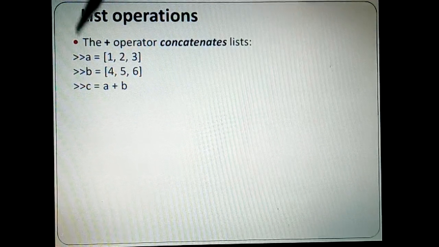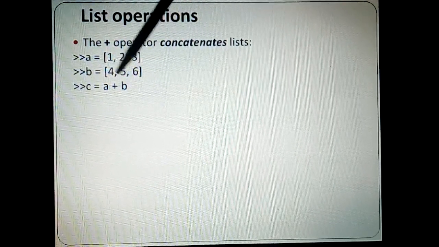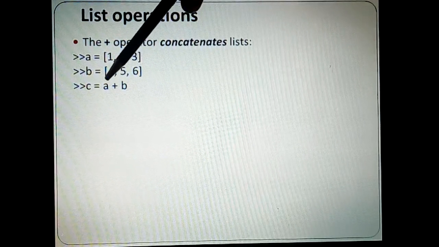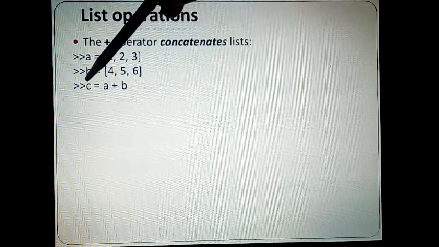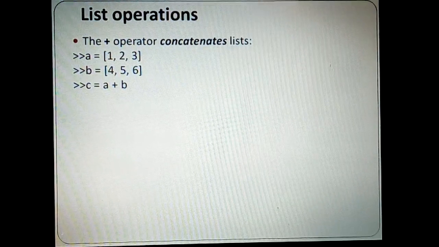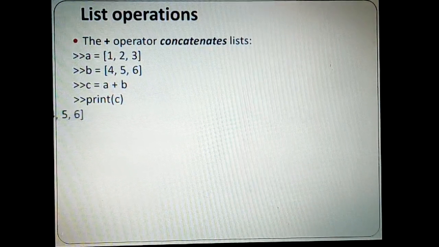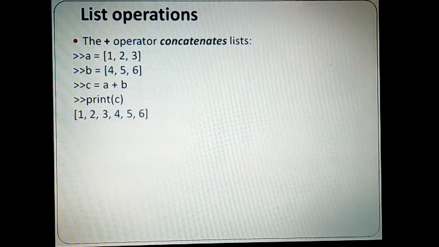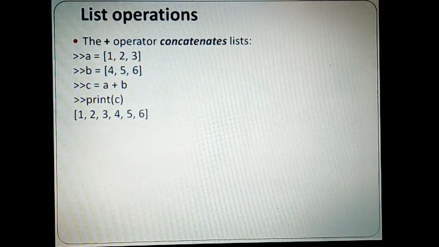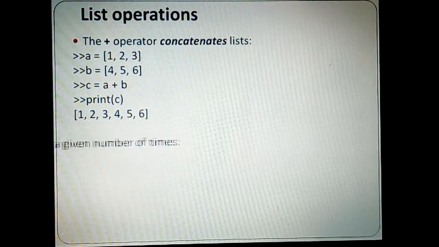So here the meaning of this expression is A is a list plus B is a list, and automatically the Python interpreter will convert C also into a list, and when I print this I would get what is called the combined list of 1 2 3 4 5 6. So this is how the plus operation can be used whenever you want to join two different lists.